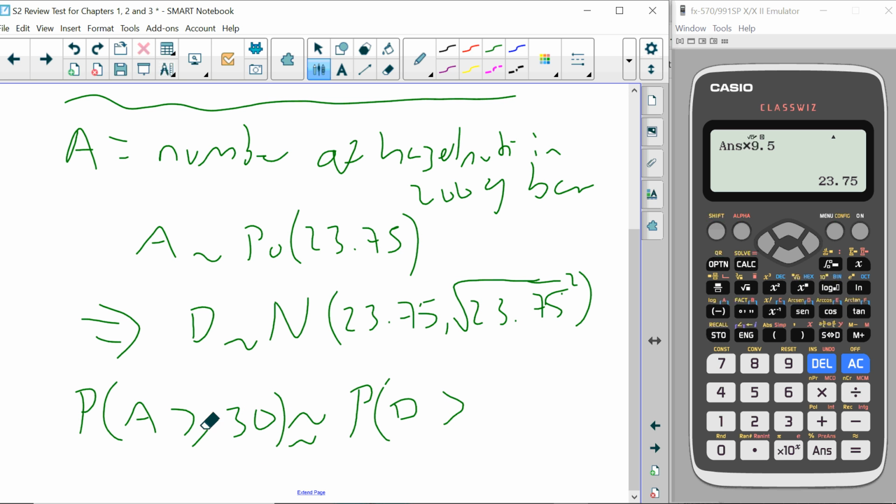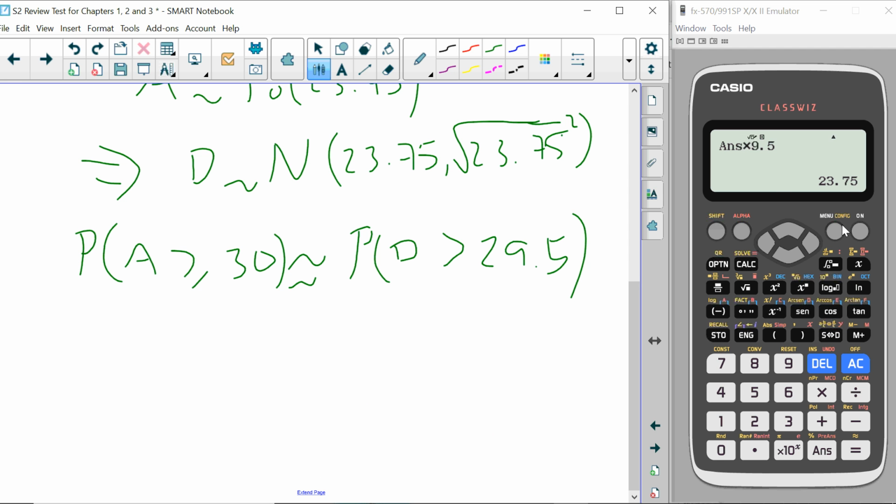Look at this carefully. Because it's or equal to, it means we can go on the other side of what it's saying. If this is saying greater than, then we're expecting it to be 31, 32, 33. But because it's or equal to, we can go down a little bit. So it becomes 29.5.